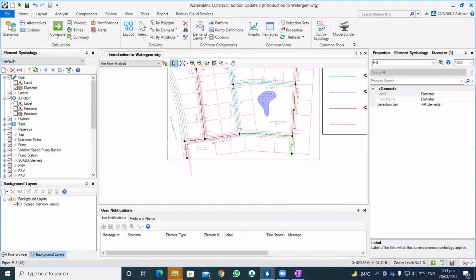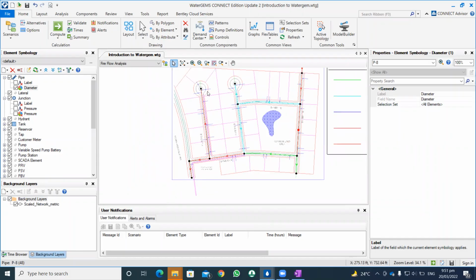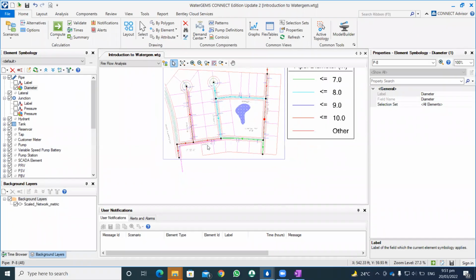And similarly for these pipes, because the demand at this junction is very high, the pipe diameter in this specific region also increases.